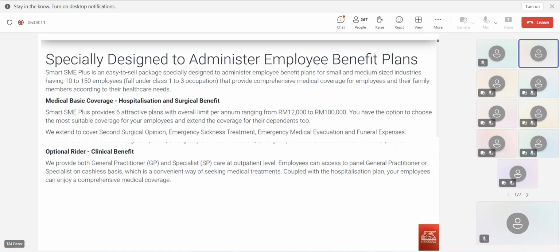All right, so basically what I'm trying to say is that you can go into any of those shop lots, any of those factories, you can safely sell them this policy, because most of them are within 10 to 50. A lot of them are 10. A lot of them are within that 50 people range. Okay, so you have a big market to sell this.